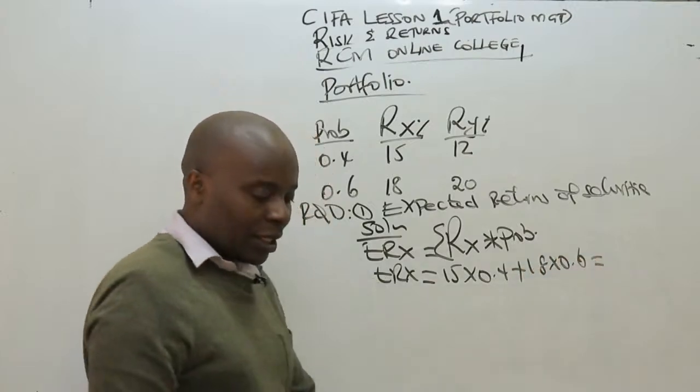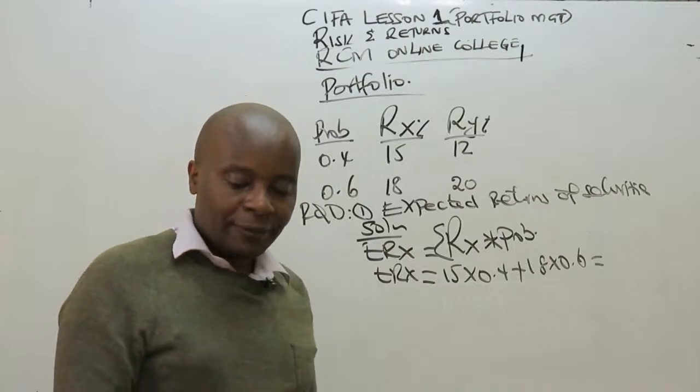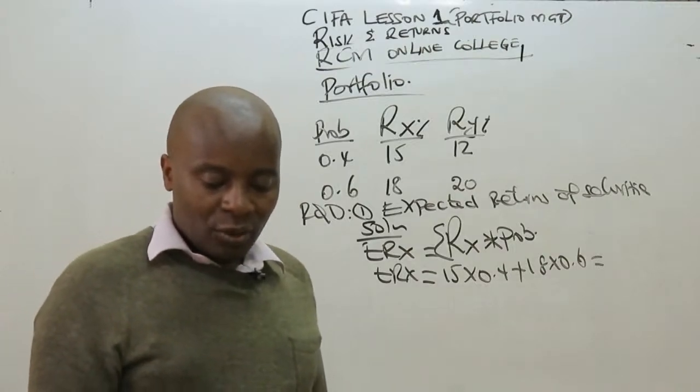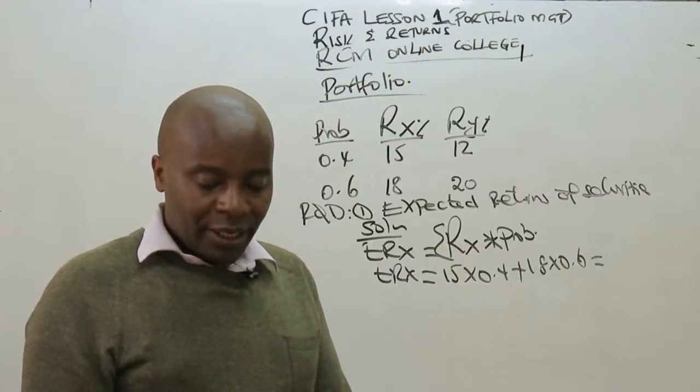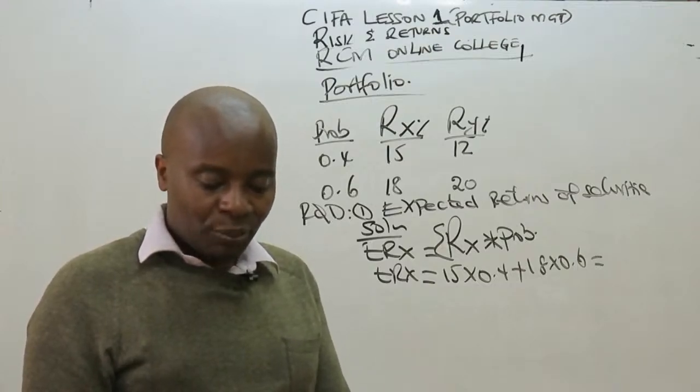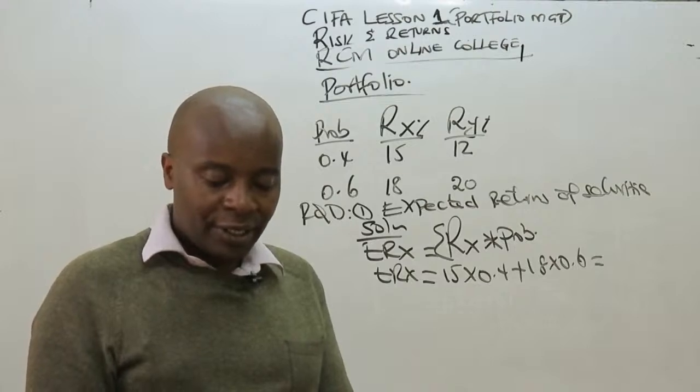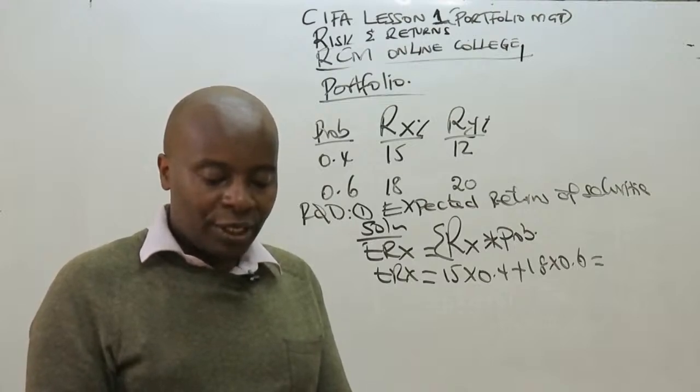which at the end of the day will give us what figure? Ladies and gentlemen, with my great calculator here, I'll be able to pick this figure very fast, which I'm so sure most of us already have gotten.